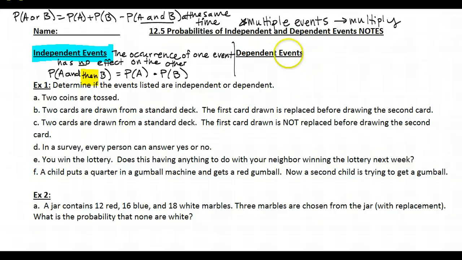A dependent event is when the occurrence of one event does have an effect on the other event.